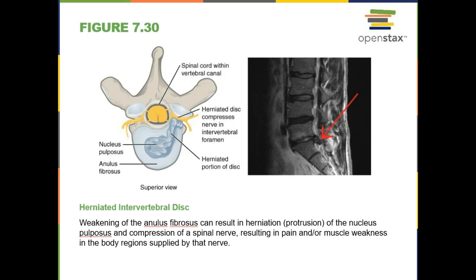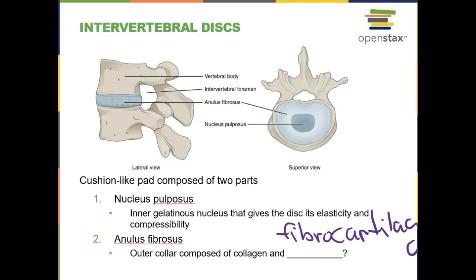Then this is just an example of a herniated disc. This is one problem that could lead to low back pain. Pretty much all of us at some point in time are going to get compression or wearing out of our intervertebral discs. So you're going to see, if you get an x-ray, decreased space in between your two vertebrae.